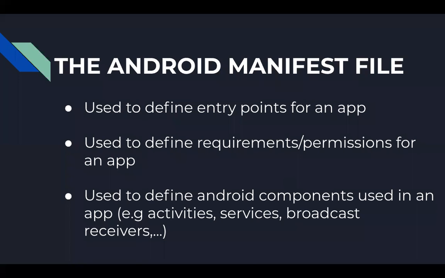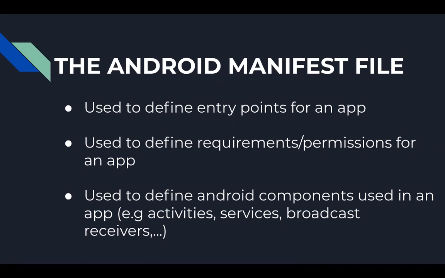Also, the Android manifest file is used to define requirements and permissions for an app. Like the Uber app, for instance: Uber requires your location. It requires your current location, and whenever you are moving, it requires to know your location as you are moving. That permission, you also have to specify in the manifest file.